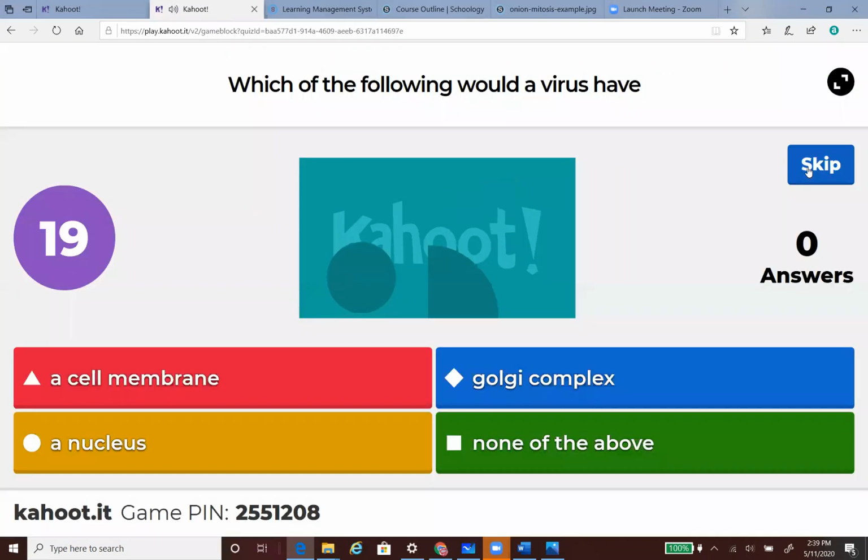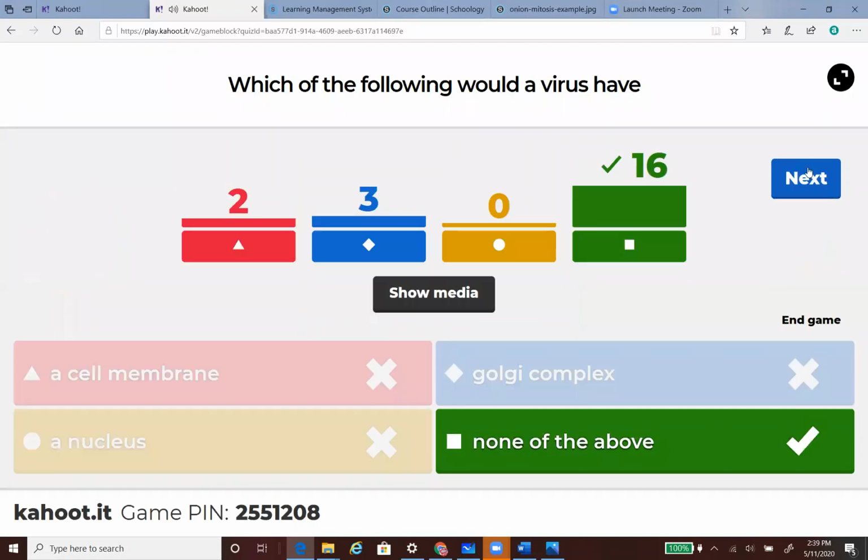Read this carefully. Yeah, very good. Viruses are not cells, so they wouldn't have any cell parts. Next.